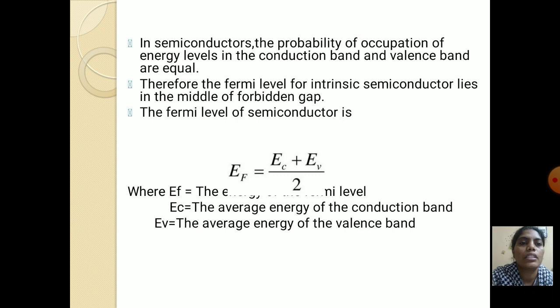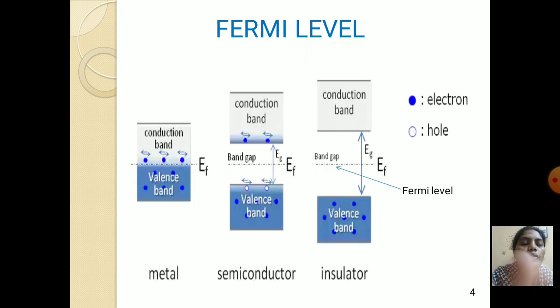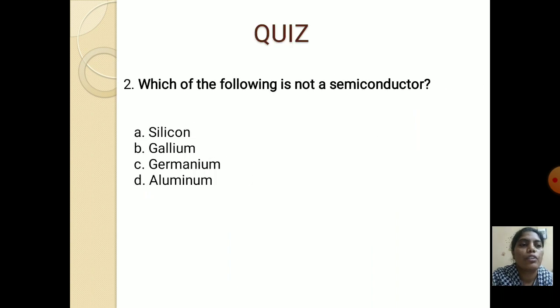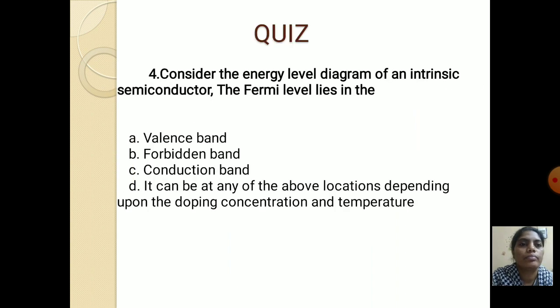For this question, you need to draw this diagram. You need to represent where the Fermi level is lying for metal, semiconductor and insulators, and you need to define what Fermi level is.